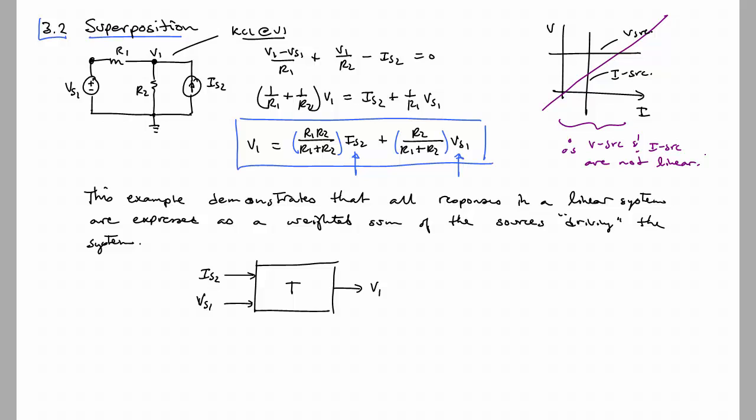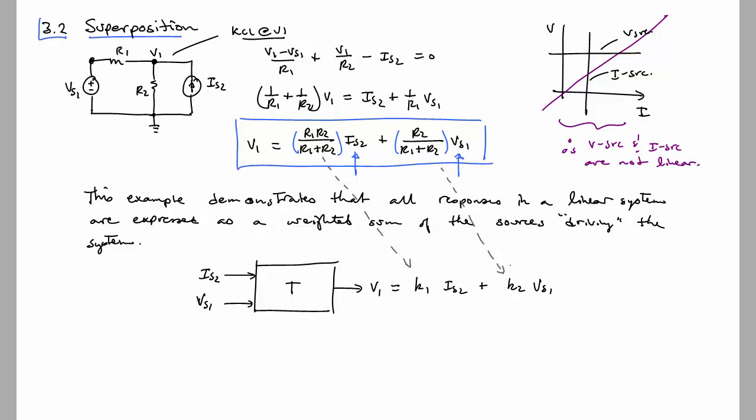And if you will indulge me and accept that, then in an abstract way here we can write that such a system, T, would have a response V1 that is K1 IS2 plus K2 VS1, right? Where K1 is just this ratio of resistances, and this K2 is a ratio of resistances.